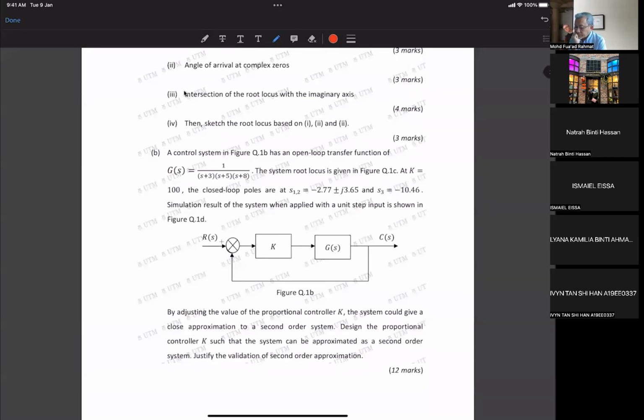Simulation result of the system when applied with a unit step input is shown in figure Q1D. By adjusting the value of the proportional controller K, the system could give a close approximation to a second order system. Design the proportional controller K such that the system can be approximated as a second order system. Justify the validation of second order approximation.